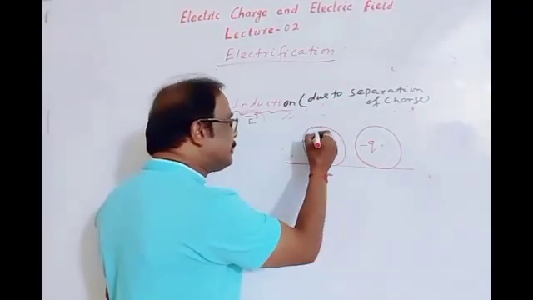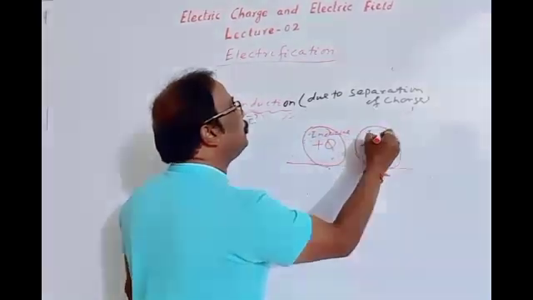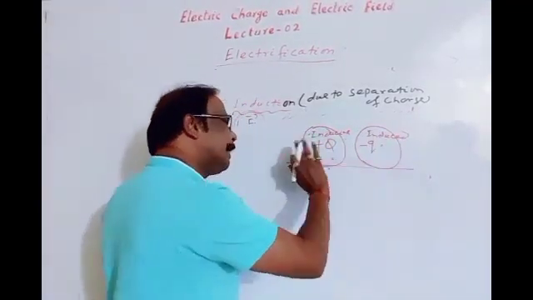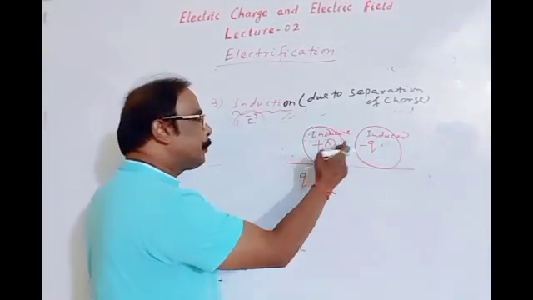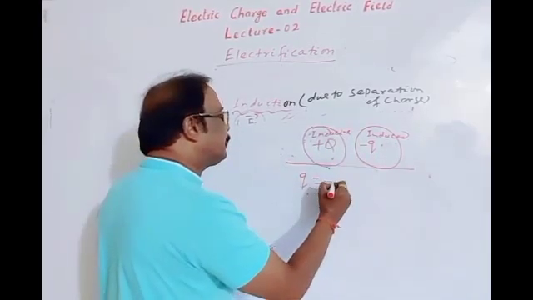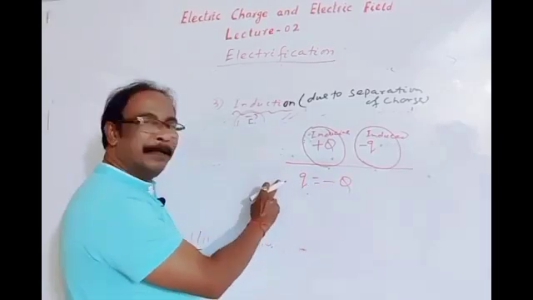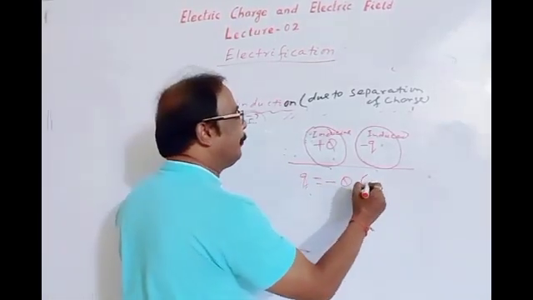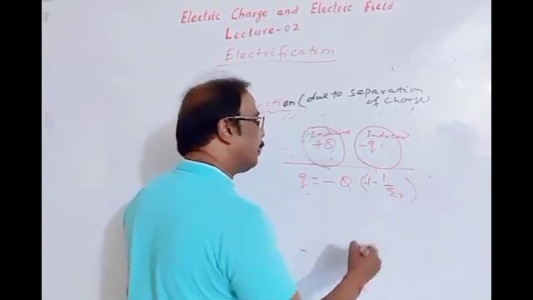Okay, this is inducing charge Q, this is induced charge q. So relation between induced and inducing charge: if this is positive, this will be negative. If this is negative, this will be positive. So q is equal to minus Q times (1 minus 1 by epsilon r).